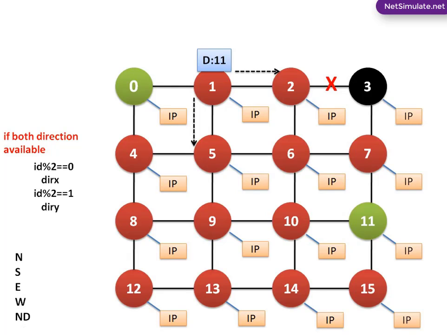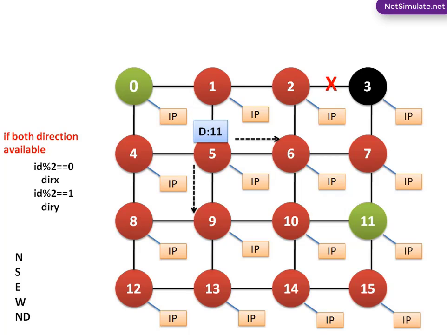Here you can see node 3 is a failed node, so this link will be considered broken. So node 2 has a failed link. In that case, if any of the next nodes has a failed link, the second direction will be opted. So here this direction will be opted and the packet will be sent in the y direction.